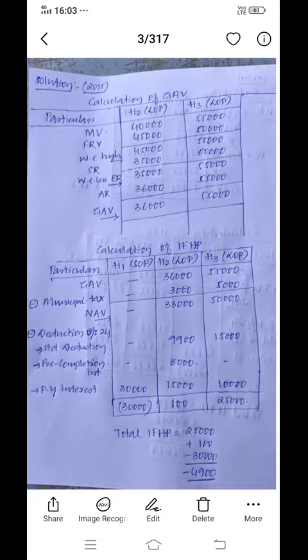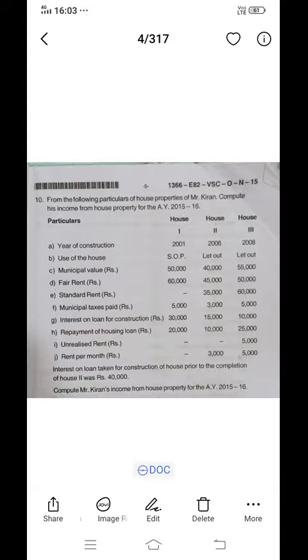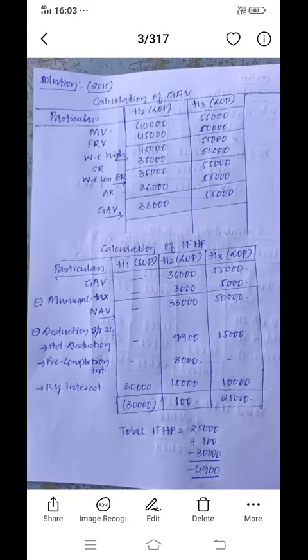Less, as per the format, municipal tax. So look at the municipal tax in the problem. 5,000 for the first house, but you don't have to take anything for the SOP house. For the second and third house, municipal tax is 3,000 and 5,000.